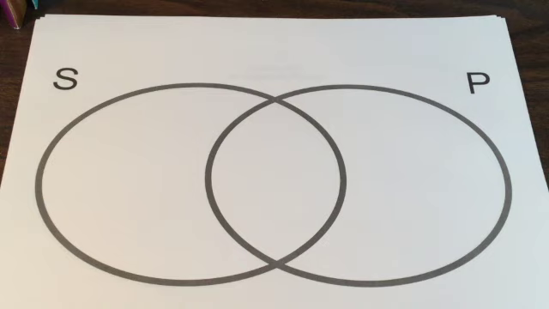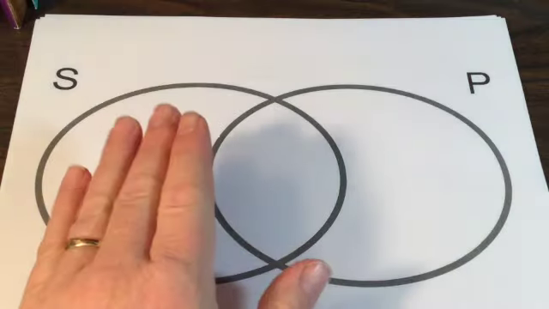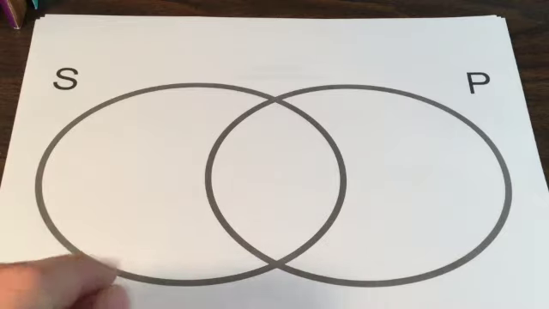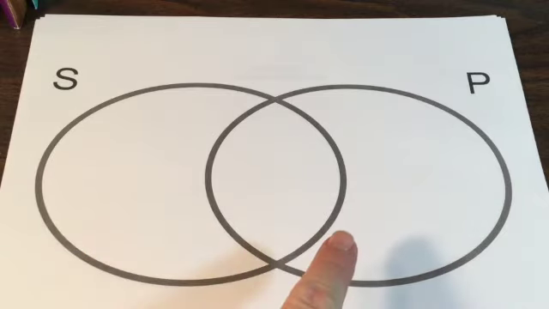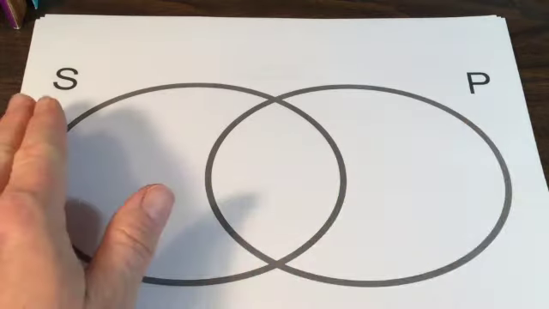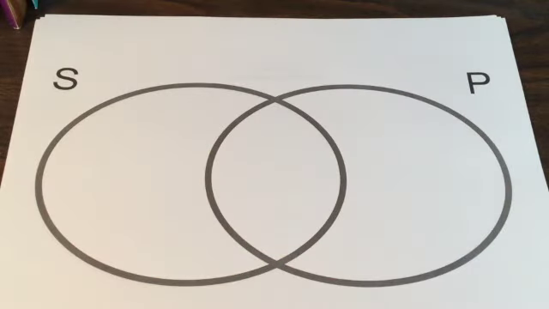So basically, a Venn diagram is designed to divide the world into two categories, and then to suggest that there is a relationship between the two categories. And we start off by labeling S and P, subject and predicate, and that becomes important later as we start talking about categorical arguments, that we need to be able to make sure we keep our predicates and subjects straight.